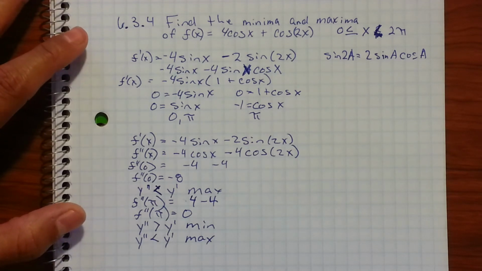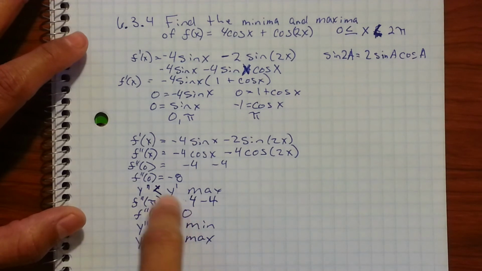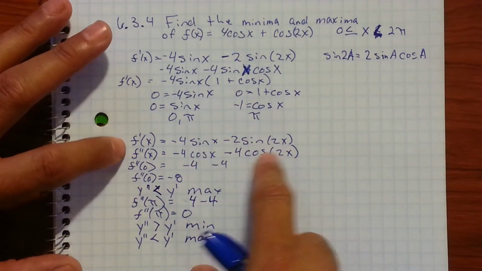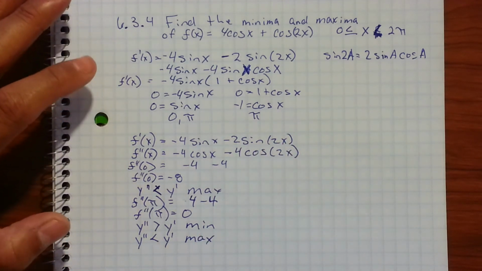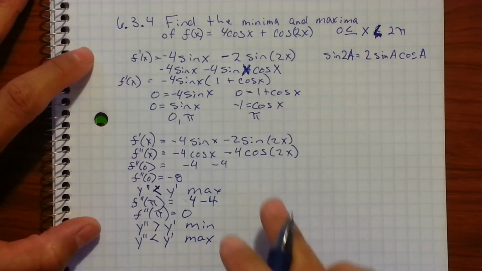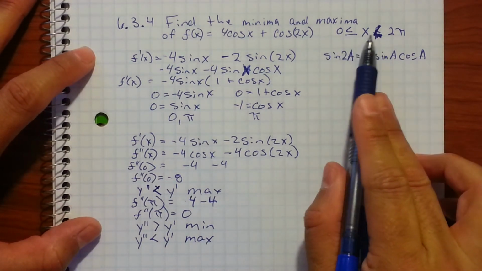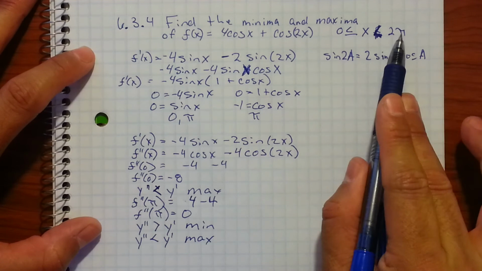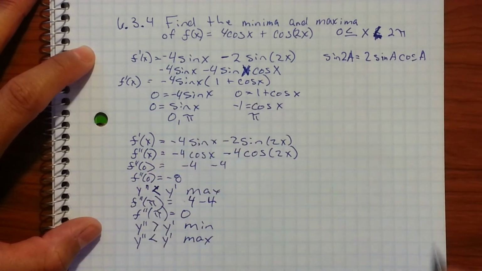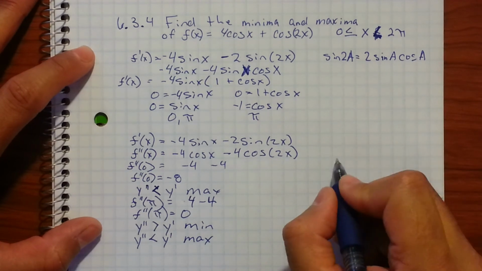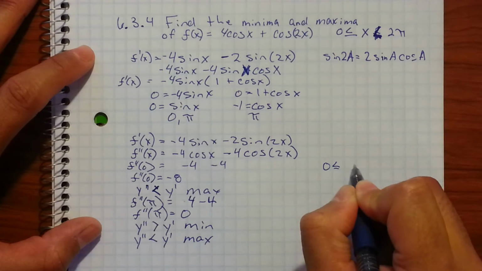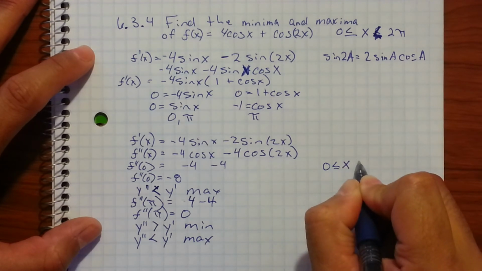First thing I have to look at is my first derivative. What is it going to be for this one? Looking at my first derivative, in my interval between 0 and 2 pi, I know that pi is one of my points. So I'm going to break it up into two different parts. First part is going to be 0 to pi.